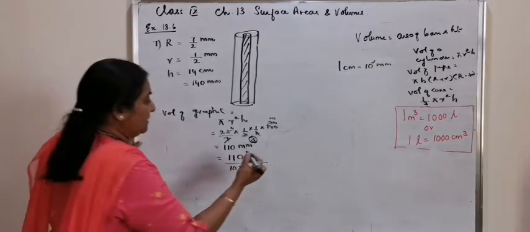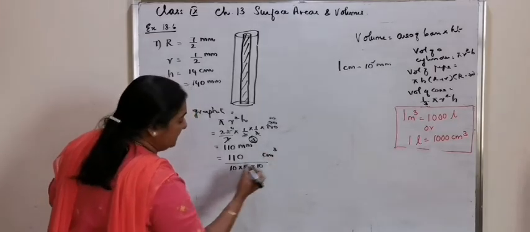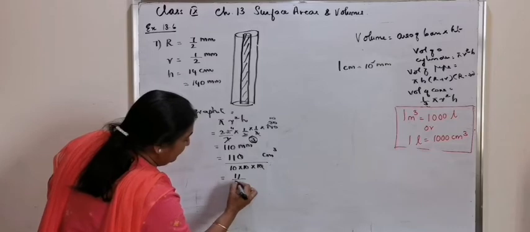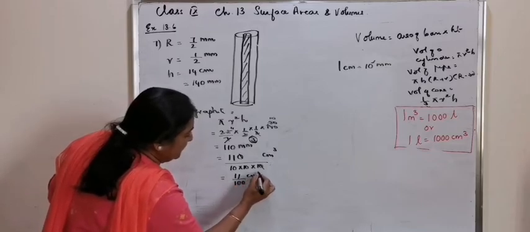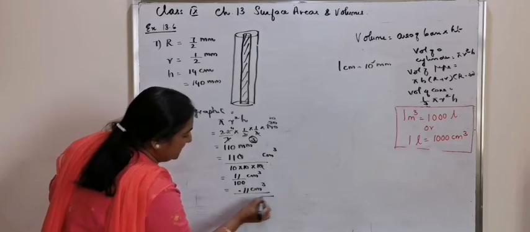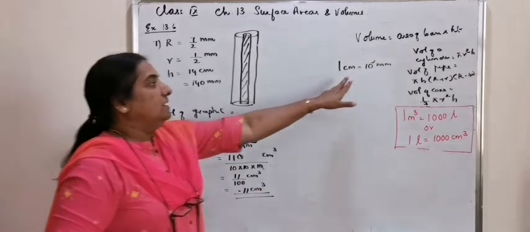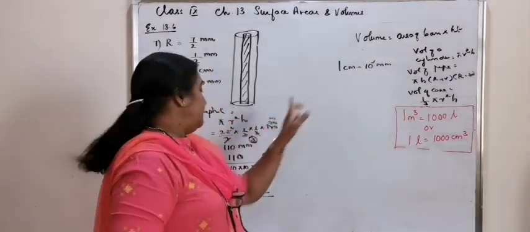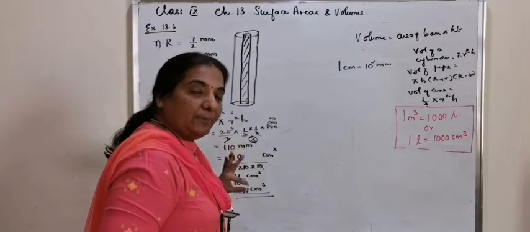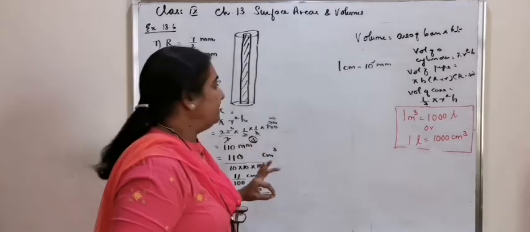This is the calculation for converting into centimeter cube, or it is 11 by 100 centimeter cubed, or 0.11 centimeter cubed. Depending on the unit and depending on the dimension, you will divide with those number of 10 or 100.